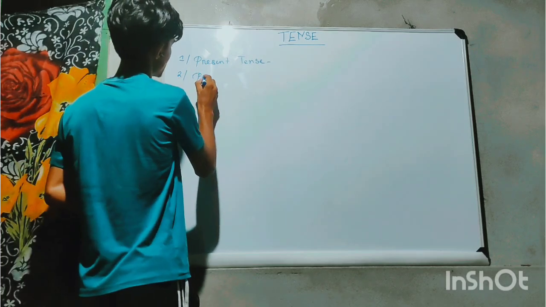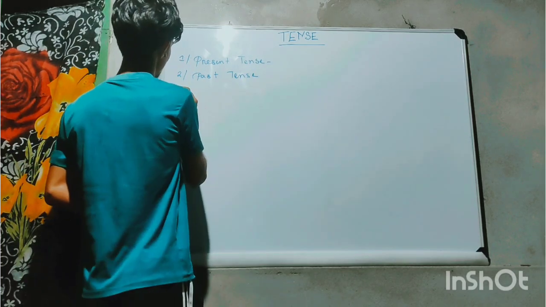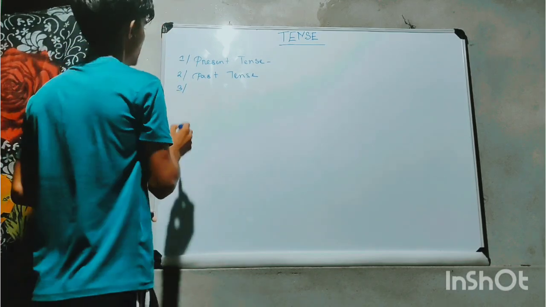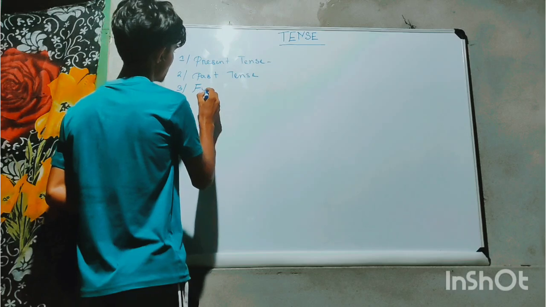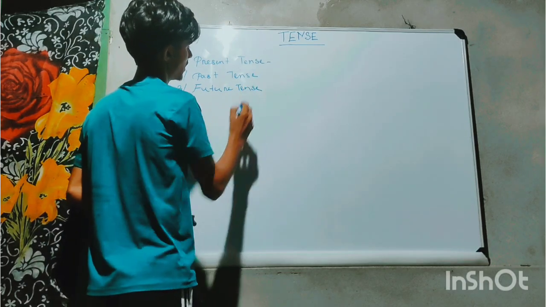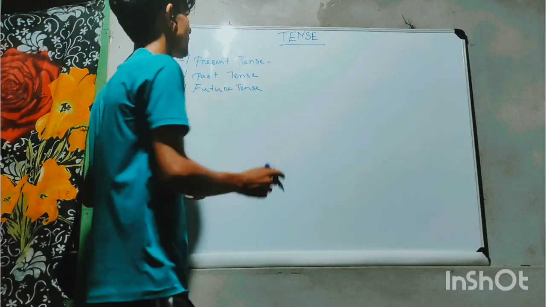Second is past tense, which is also known as Atit Kal. And the last and third one is future tense, Bhavishyat Kal.